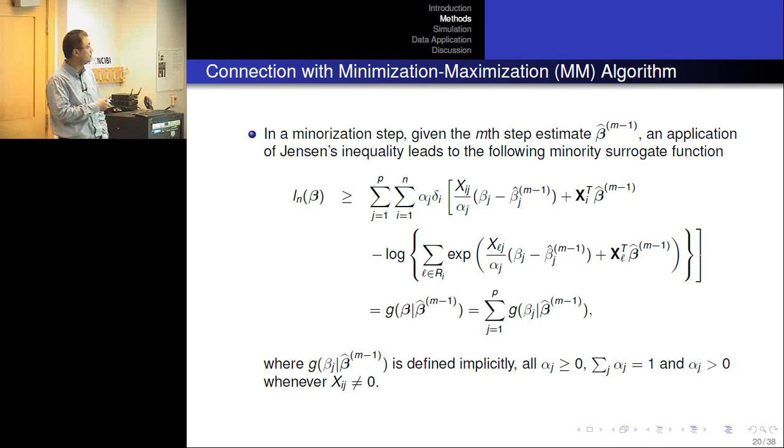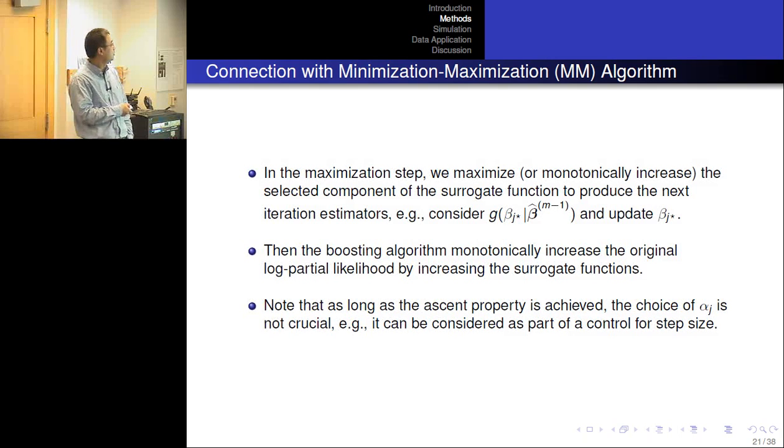Because through Jensen's inequality, this alpha j needs to be some value between 0 and 1. And at each boosting iteration, instead of maximizing the surrogate function, we only need to monotonely increase the surrogate function. If the learning rate is very large, we cannot guarantee we monotonely increase the surrogate function. That's why a small learning rate is helpful for the boosting procedure.